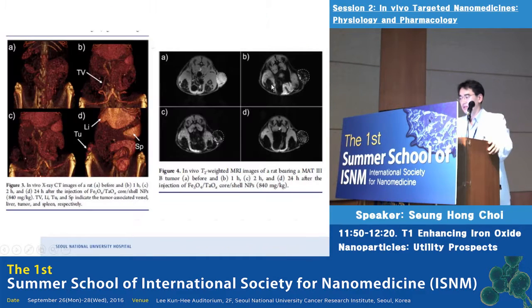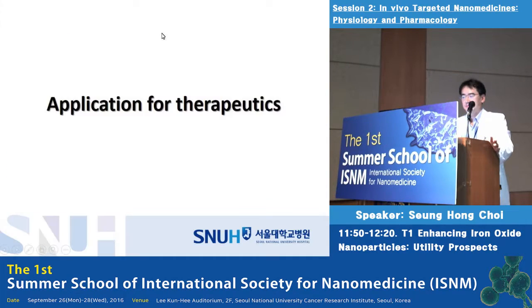Actually, we modified the tantalum oxide and the iron oxide to the dual modality for imaging in CT and MRI. You can see dark signal intensity here because of iron oxide effect, and because of tantalum oxide, we can visualize the vascular structures in the mouse, the rat model.